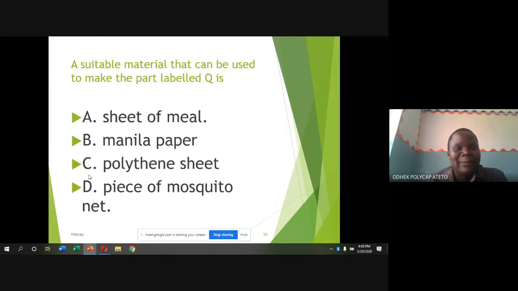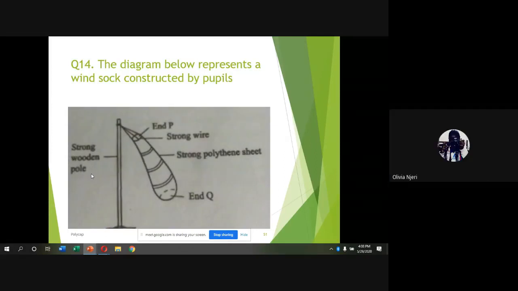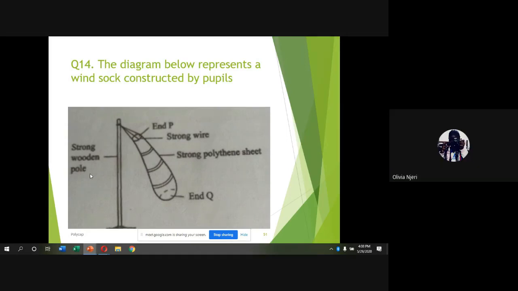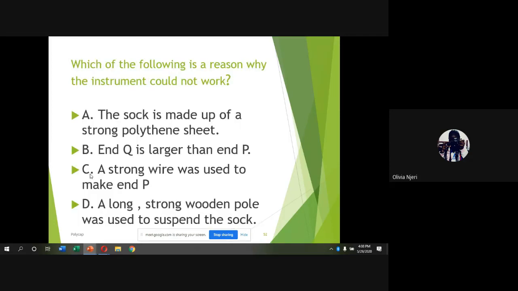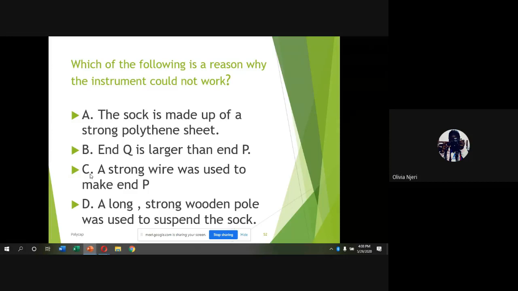Okay. Question number 14. The diagram below represents a windsock constructed by pupils. This is a windsock. It has a strong wooden pole. Which of the following is the reason why the instrument could not work? Go back to the diagram.